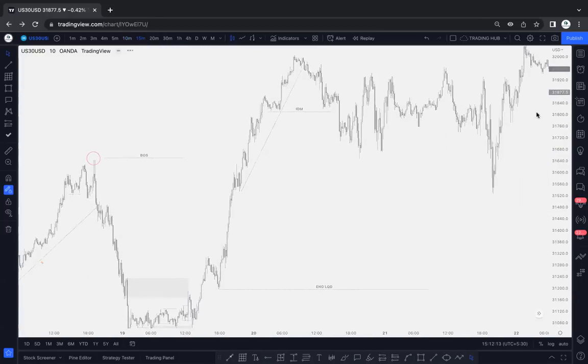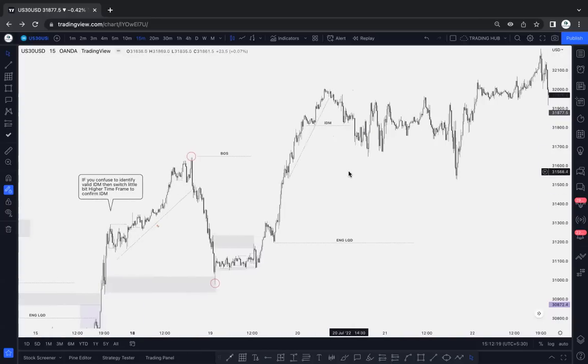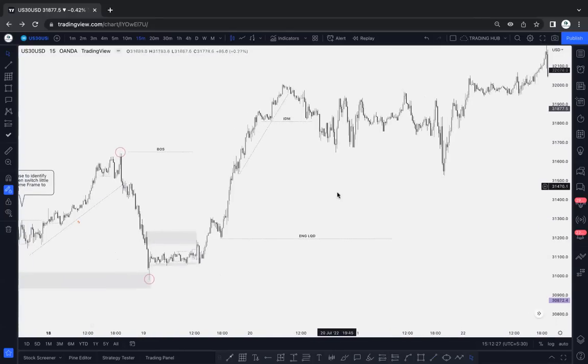Generally this type of liquidity is available after a BOS. This picture looks similar, and after taking out this liquidity, the market taps on this order block, which is probably here, and then pushes higher.